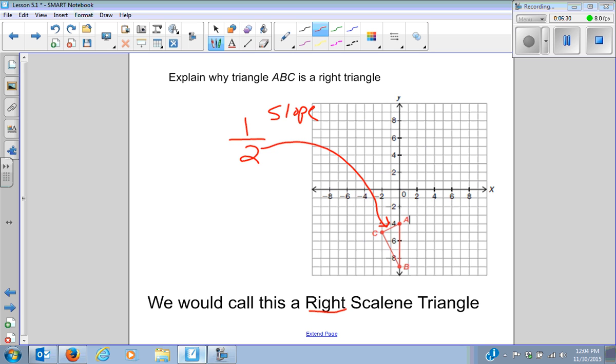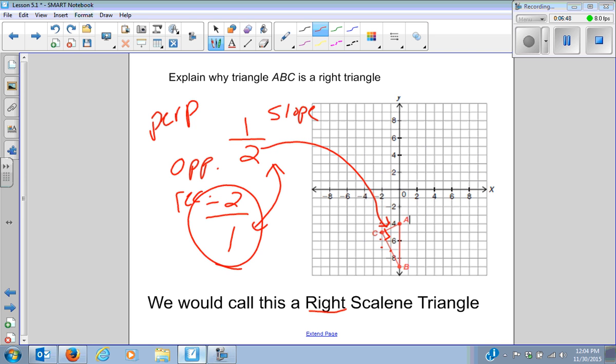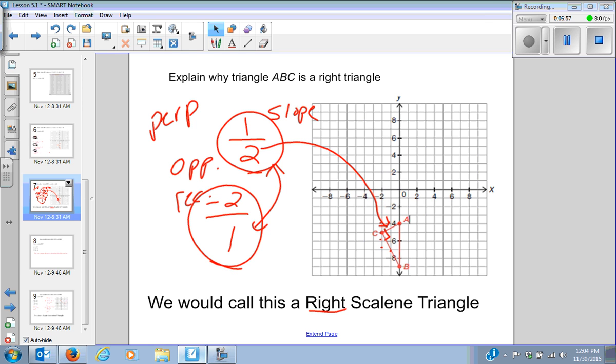And this other side goes down 2 over 1. These are opposite reciprocals, which means they are perpendicular, and that means they intersect at a 90-degree angle. So because they have opposite reciprocal slopes, I know they are perpendicular, and that makes them intersect at a 90-degree angle.